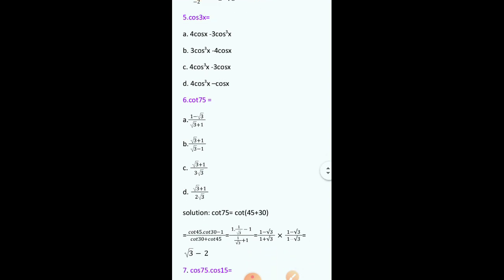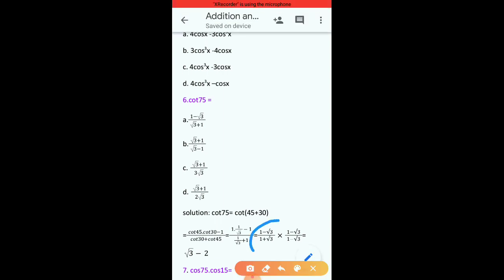If you put the value of these ratios, then we will get (1 minus under root 3) upon (1 plus under root 3), and if we rationalize, then we will get under root 3 minus 2, but the option is in terms of (1 minus root 3) upon (1 plus root 3). There is no need to rationalize this term. That means option number 1, option A, is the correct answer.